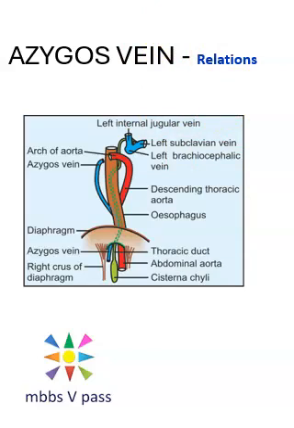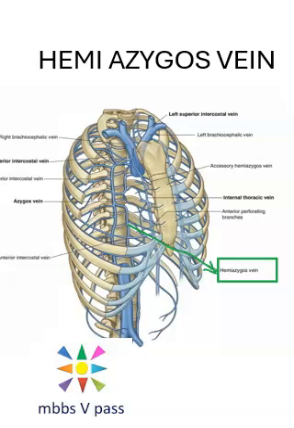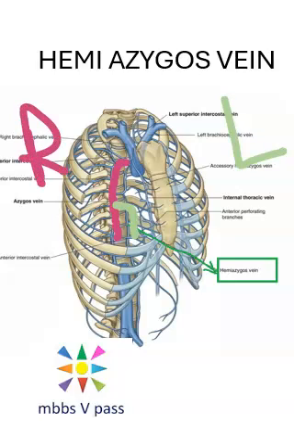Okay. What do you mean by hemiazygos vein? If this is the azygos vein, the hemiazygos vein is a tributary of this azygos vein, and it actually looks like the mirror image of the lower part of the azygos vein.